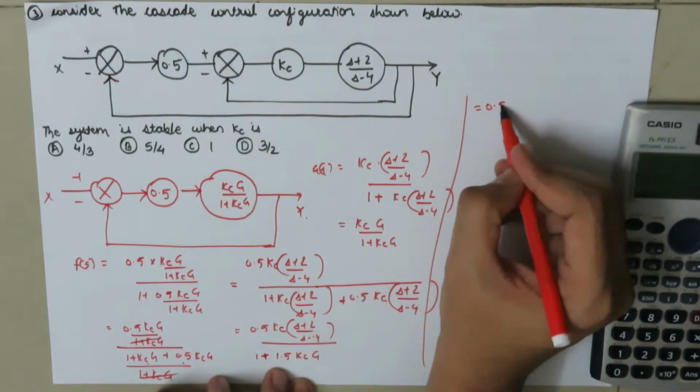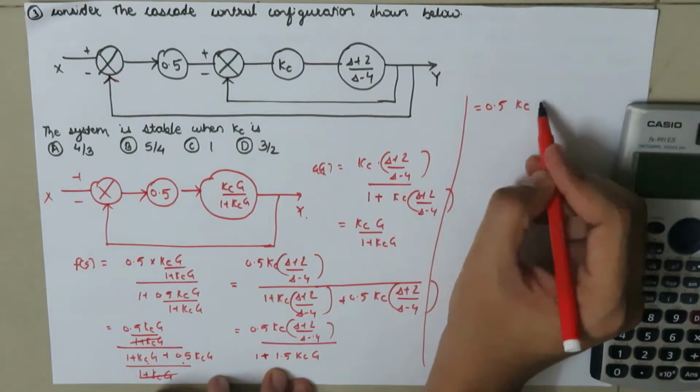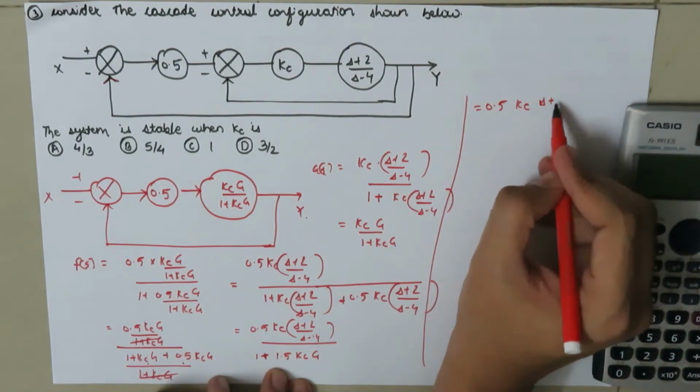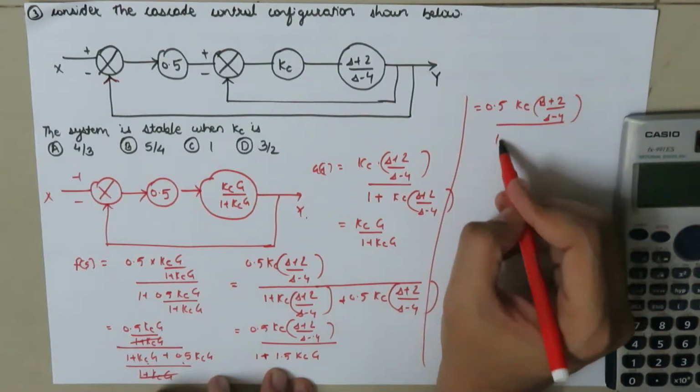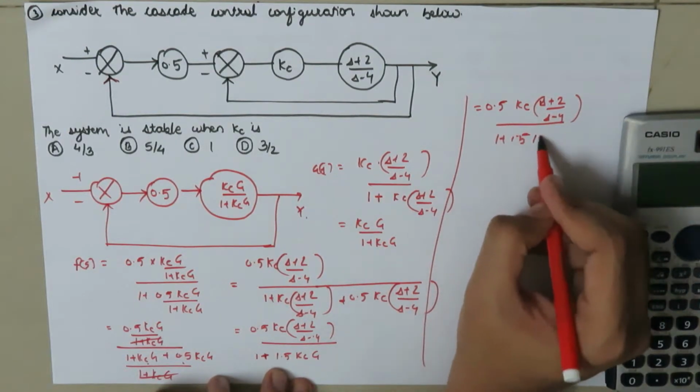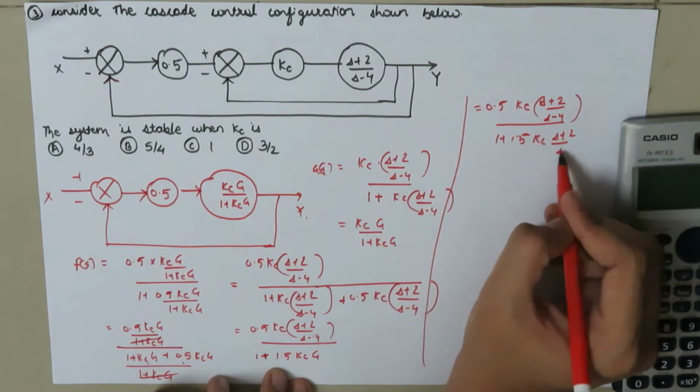So this will be equal to 0.5 into Kc multiplied by (S plus 2) upon (S minus 4), divided by 1 plus 1.5 times Kc into (S plus 2) upon (S minus 4).